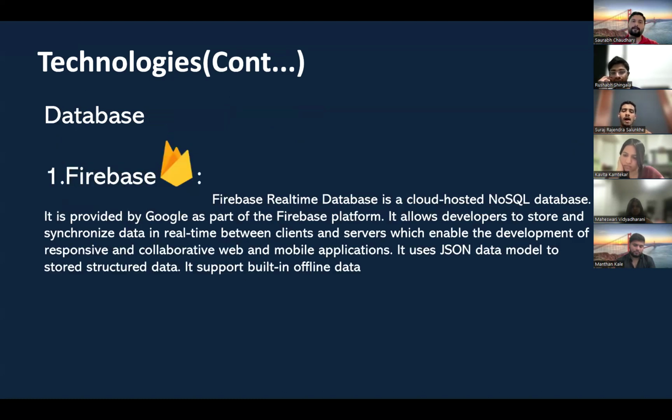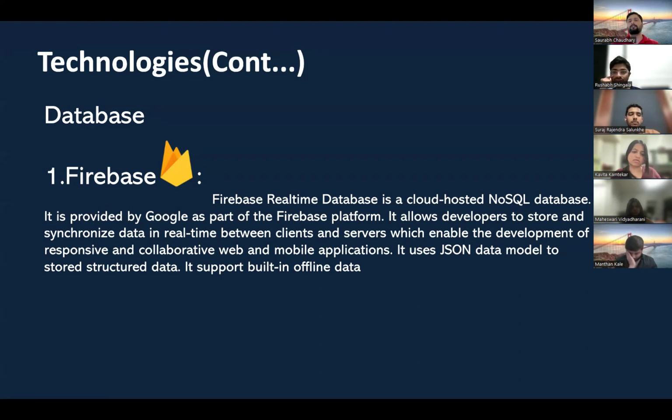For the database, we used Firebase. Firebase is a real-time database. As we are not maintaining a huge amount of user data, that is why we went for Firebase. It is a cloud-hosted NoSQL database, perfect for our kind of application. It is provided by Google as part of the Firebase platform.